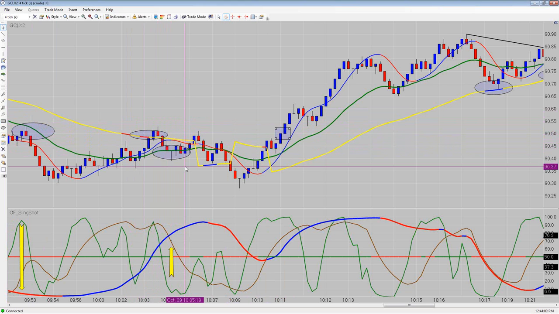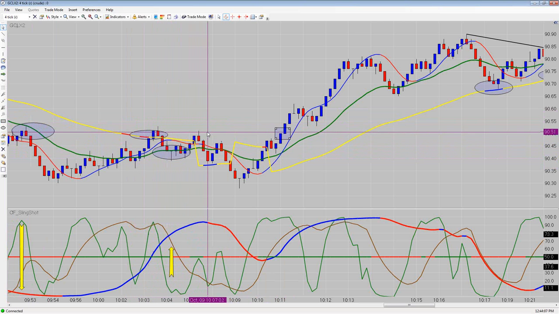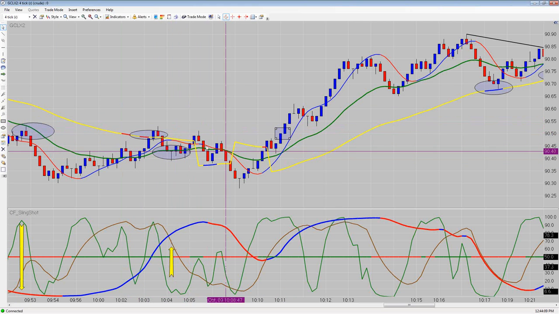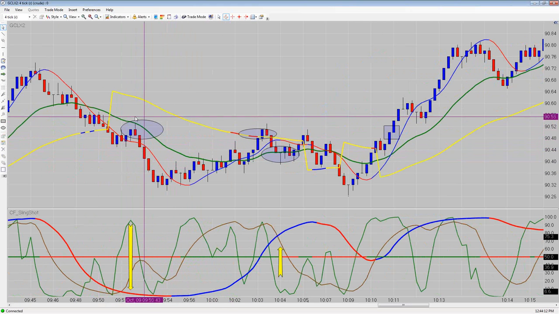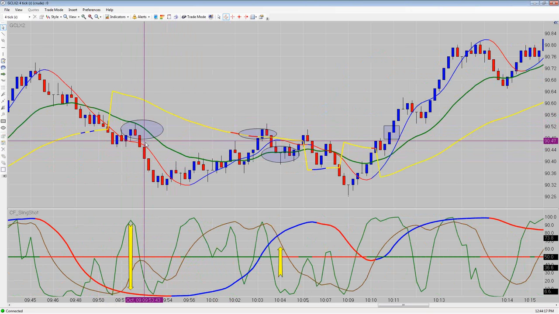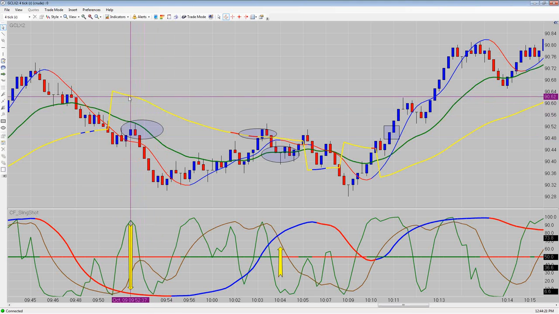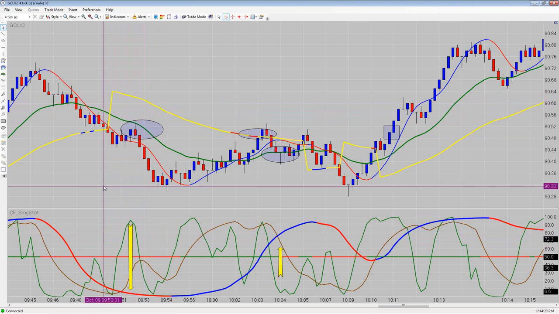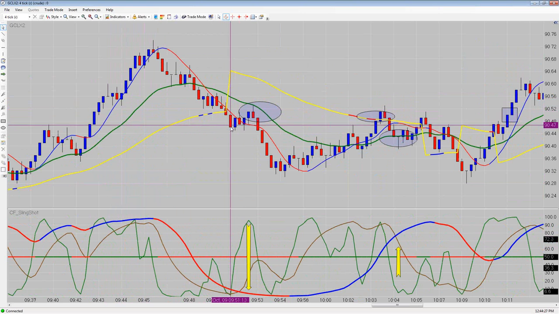Testing it here and giving a down close. Again, this is one of those spots where you fade it down to the green line. You take the green line for the long, but it's just messy when it's like that. I'd much rather have it be like this, where you're taking your trade off the BBC when it's actually below the yellow brick road here. Okay. And again, we broke it here with a down close here, so you could have gotten short right in there.